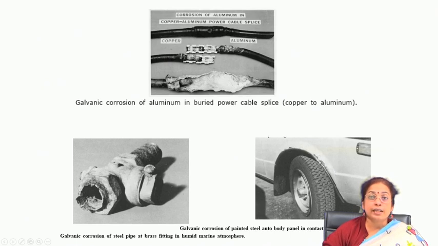The underlying metal corrodes to a large extent, and its rate of corrosion is much higher than that of the exposed part which is not painted.